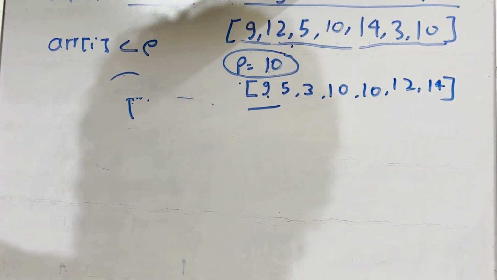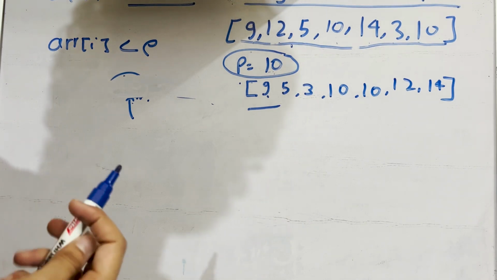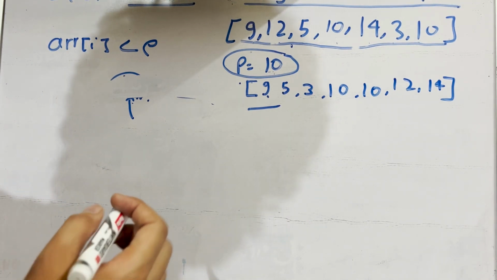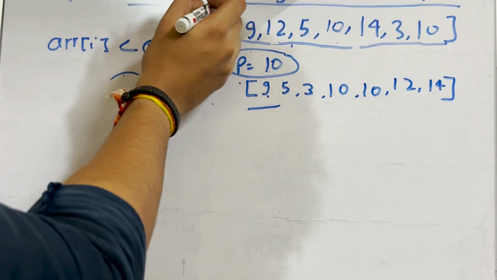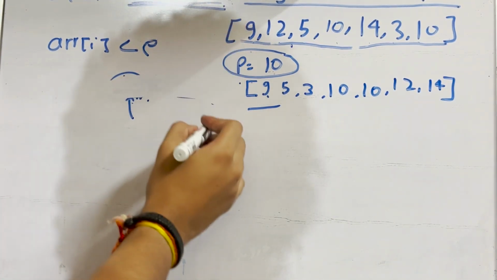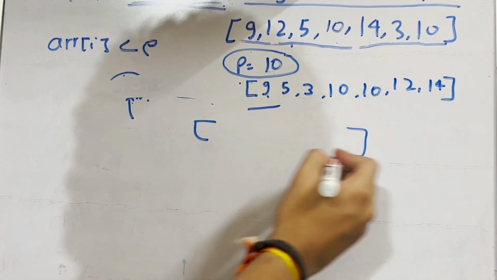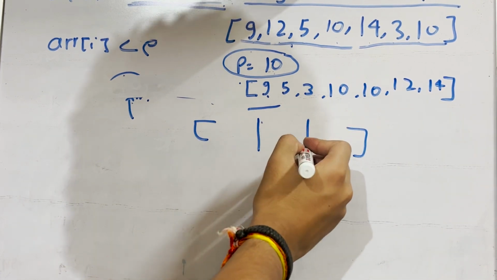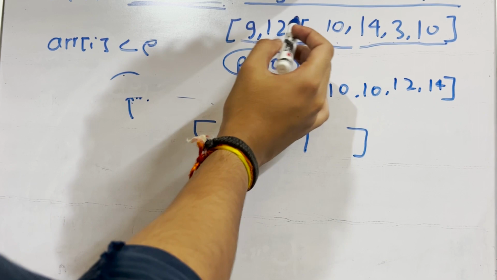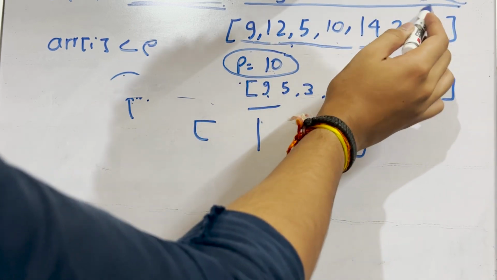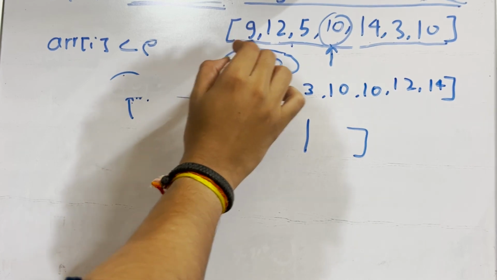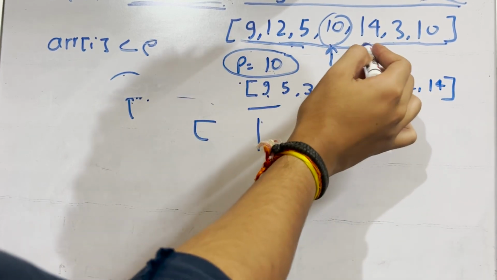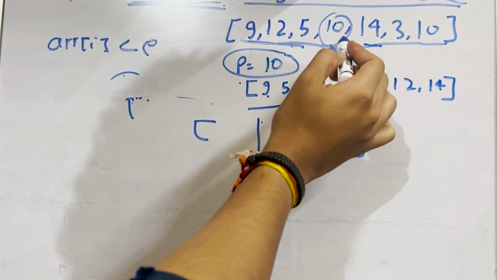So the question is how to get the intuition or how to approach the problem. The first and foremost thing that we can think of is that it is given partition. Partition means you have to divide something into parts. The next thing is we are given a pivot. So we have an element, and we have to check if other elements are greater than, less than, or equal to that pivot.